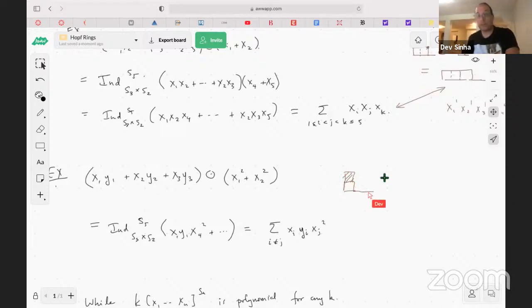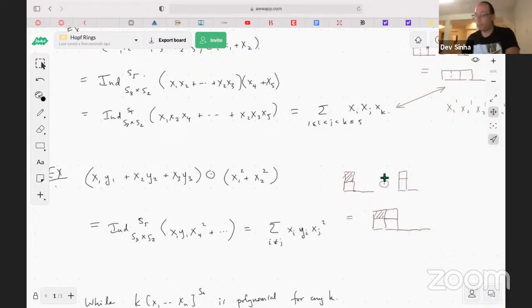Okay, so I have the polynomial x1, y1 symmetrized up to S3 symmetry. And then this x1 squared plus x2 squared is this with x1 squared symmetrized up. And then this equals, right, so then it's again, the induction product is stacking things next to each other. There's some commutativity there.